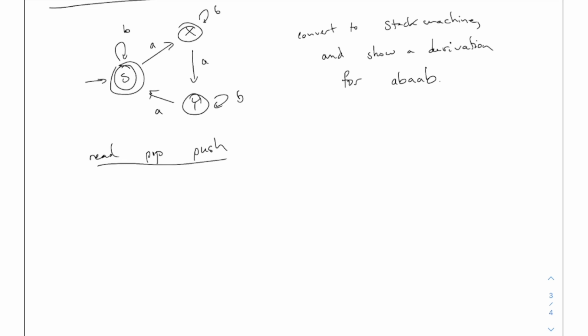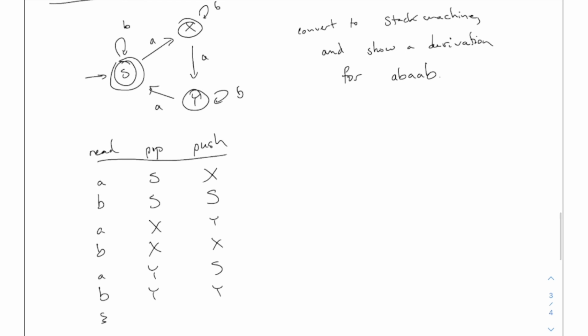It's read A, S, X. All right, I had 7 lines in my stack machine, 7 rules, which is, I hope, what you also had.